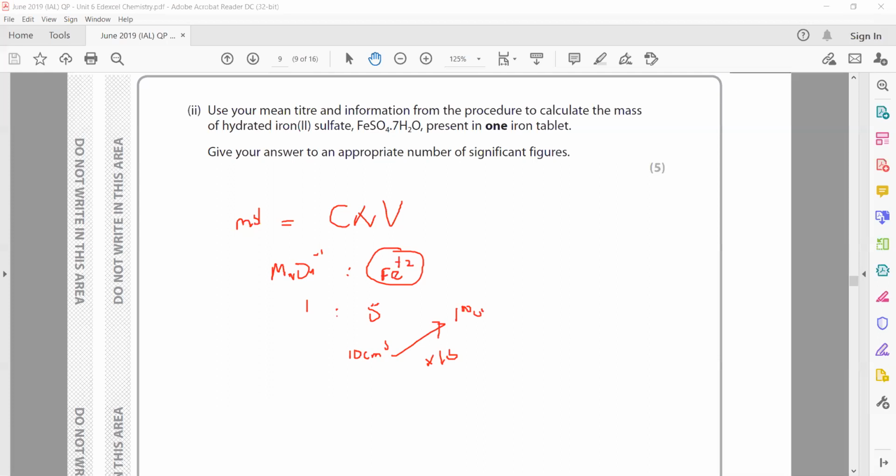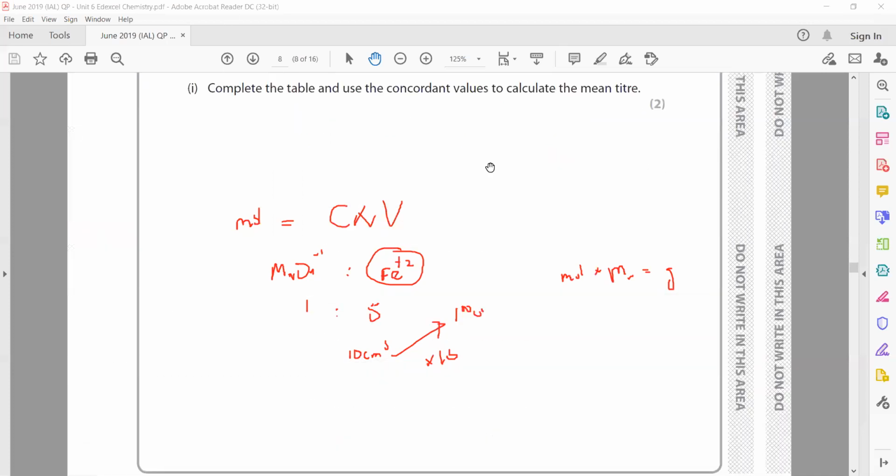Now we have the moles in 100 cm³. After getting the moles, multiply by the molar mass of hydrated iron sulfate, FeSO4.7H2O. So moles multiplied by molar mass will give the mass in grams. And this is the mass in grams. As you can see in the first part of the question, the student crushed 2 tablets.